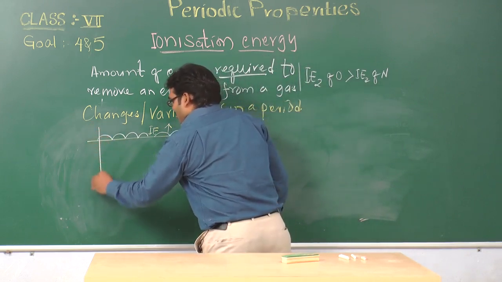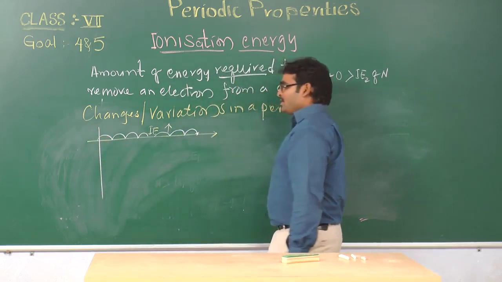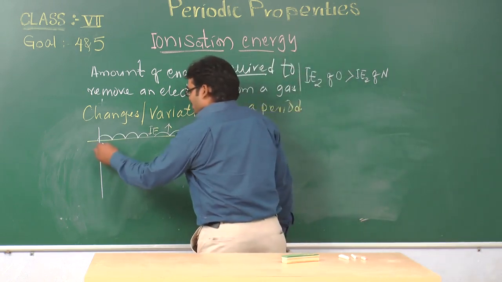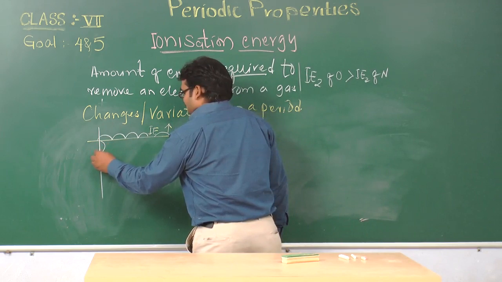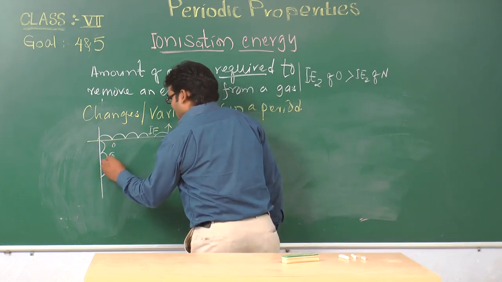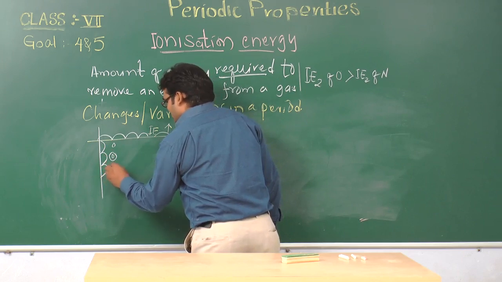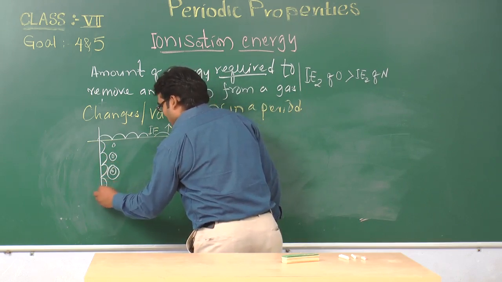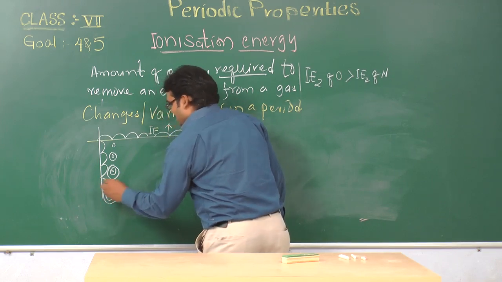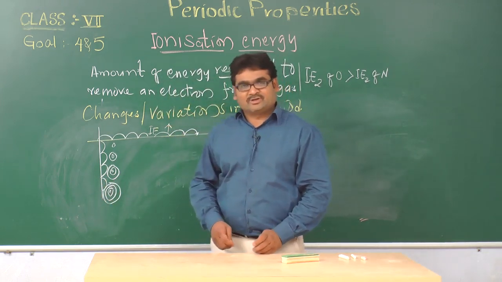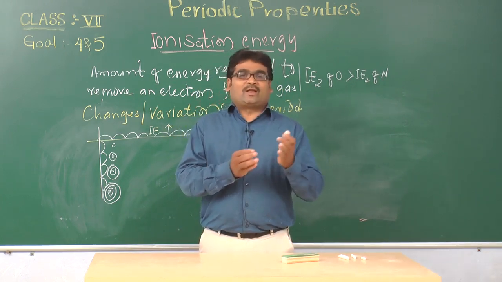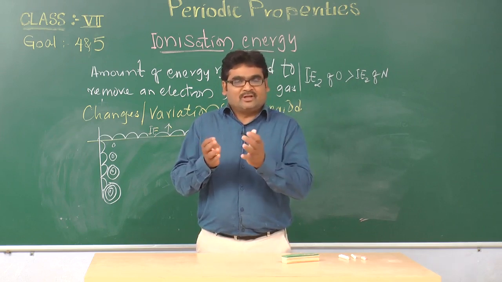But when we move down a group, as we move down, always a new shell is being added. Because of this extra energy shell, the atomic size increases, and the distance between the nucleus and the valence electron increases.